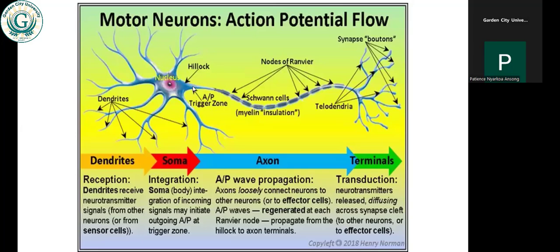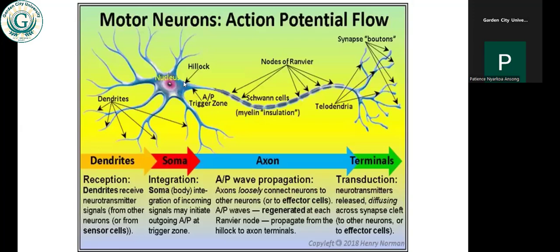Now, when it gets to the axon hillock, the nature of the axon hillock is such that we have a lot of voltage-gated sodium channels within its cell membrane. And therefore, when the signal gets here, mostly it should be able to hit the threshold, where you tend to have a lot of these channels opening for a lot of positive ions to come in so that you can hit the minus 55.